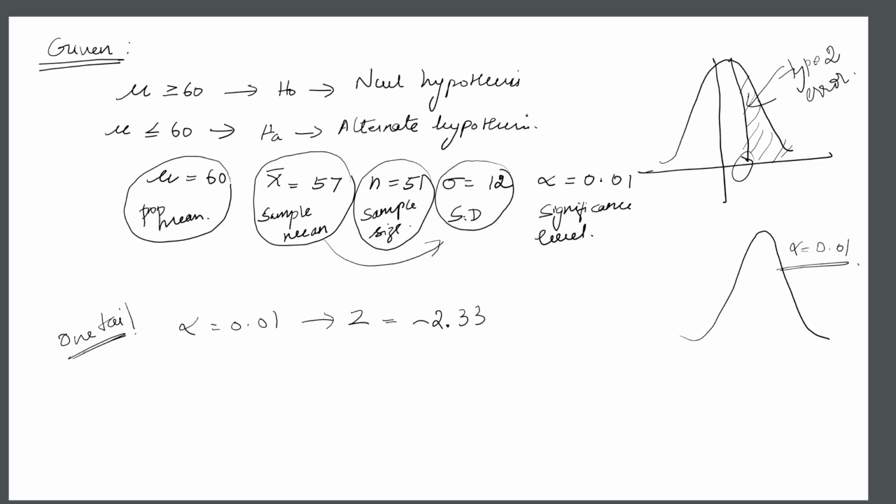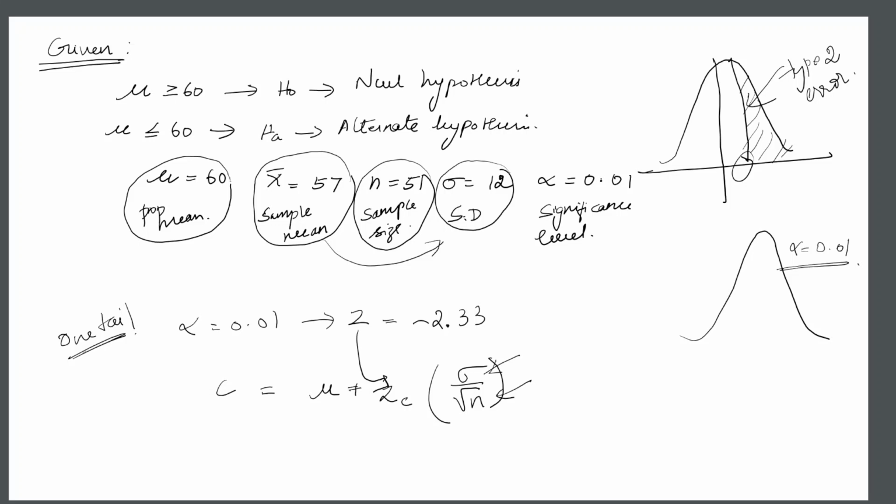Actually, for adjusting to the mean, we have to know the critical value. How can we calculate this? The critical value is given by mu, the population mean, plus the critical Z value we have calculated here times sigma by root n. So here we are accounting for the variability and also for the sample size.